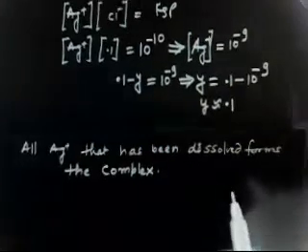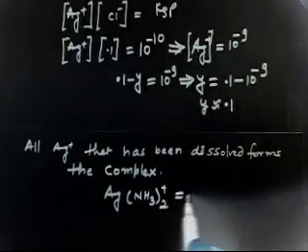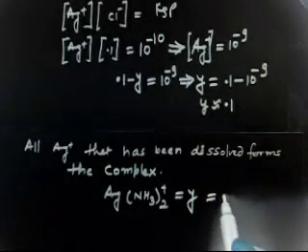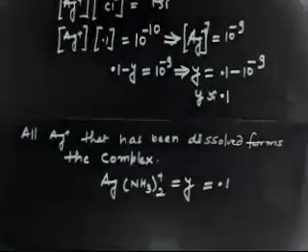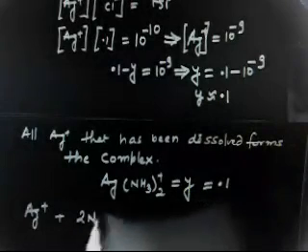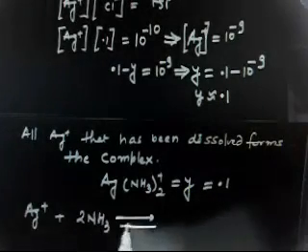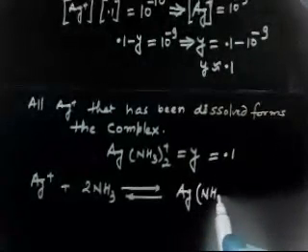So now I know the concentration of Ag(NH3)2+ is equal to bi, which is approximately 0.1. Now if you see the second equilibrium, Ag+ plus 2NH3 forms Ag(NH3)2+.